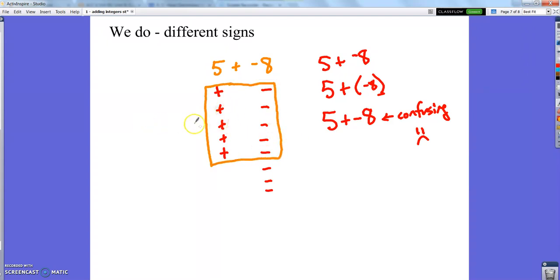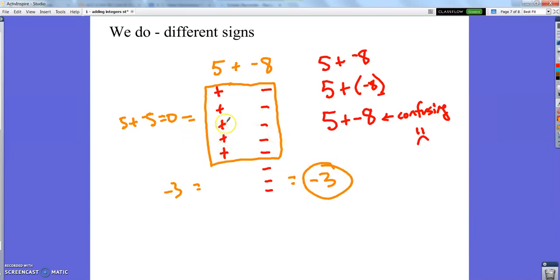That's 5 plus negative 5 equals 0. So this whole thing equals 0 right here. When I dump everything in the bag and shake it up, these 5 pluses and these 5 minuses add up to 0. And then I'm left with negative 3. So 5 plus negative 8 equals negative 3.